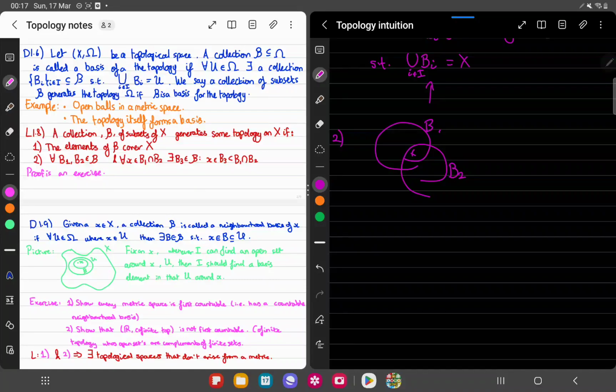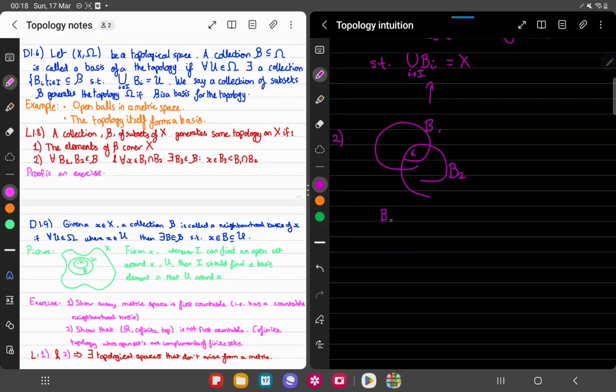So I've got B1 intersect B2, and I never said anything about intersections, did I? I don't remember. I think it's something to do with the fact that if you have U being open and V being open, then, yeah, maybe it is that.